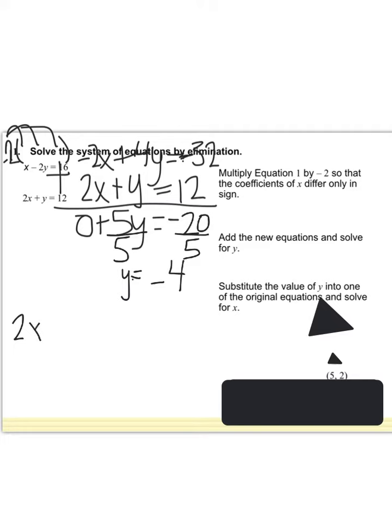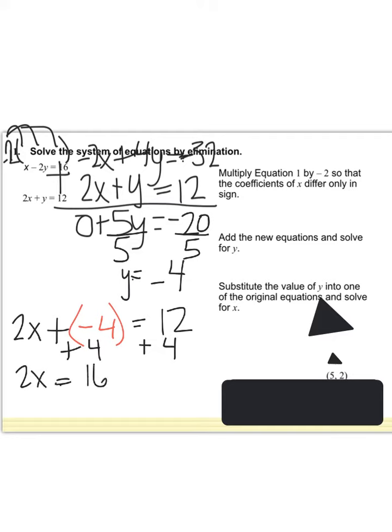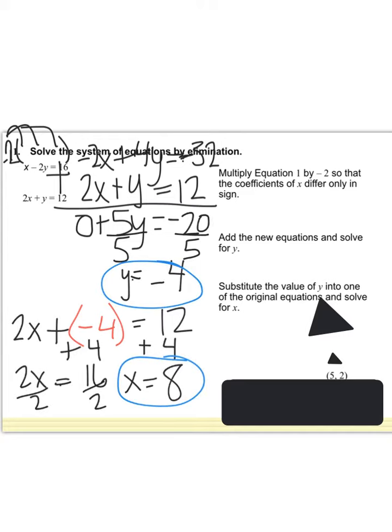So we have 2x plus y, which we said was -4, equals 12. Now we want to solve for x. So if I add 4 to both sides, and divide by 2, x equals 8.